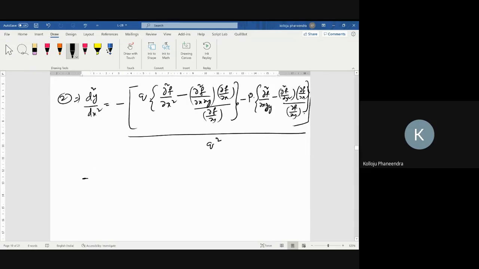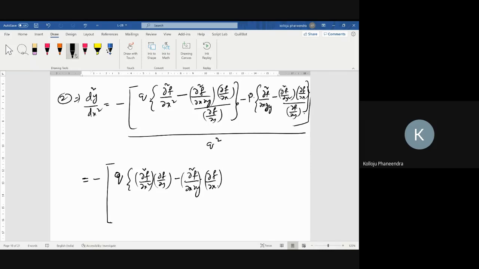Look here, this step is important. I'm not cancelling the ∂f/∂y terms like that. By taking LCM, what I'm getting is minus q into ∂²f/∂x² into ∂f/∂y, minus ∂²f/∂x∂y into ∂f/∂x, correct?